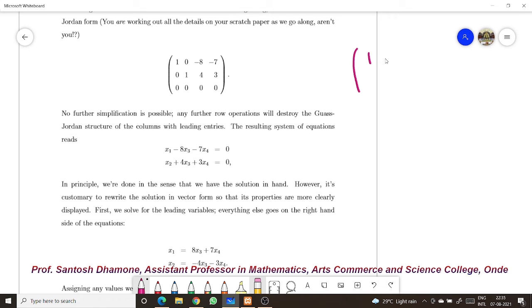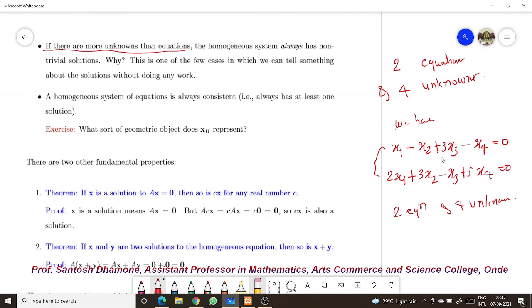These are two equations and four unknowns. Then we definitely have a non-trivial solution for this system of homogeneous equations. A homogeneous system of equations is always consistent. We solve this exercise in tomorrow's lecture.